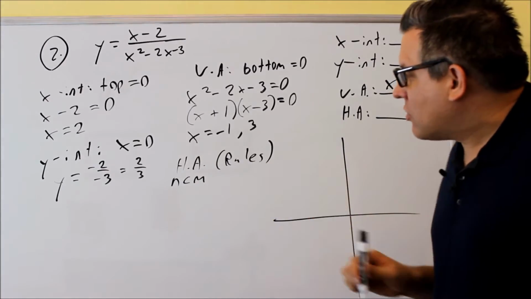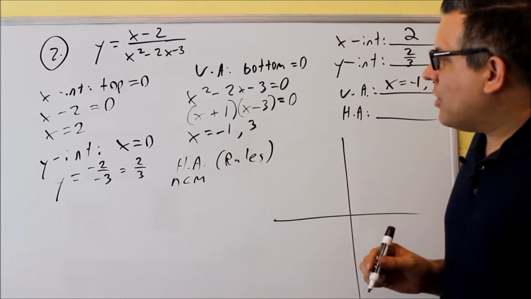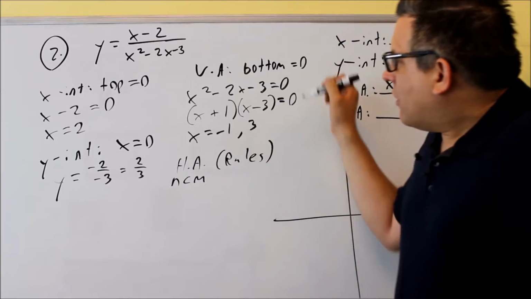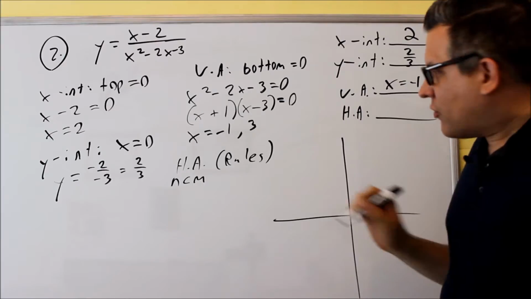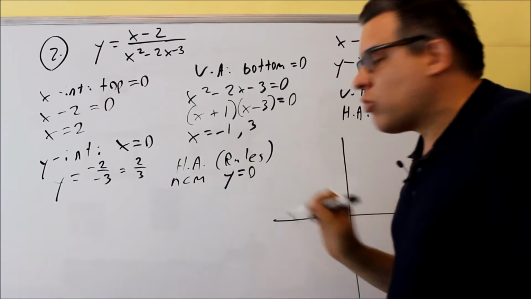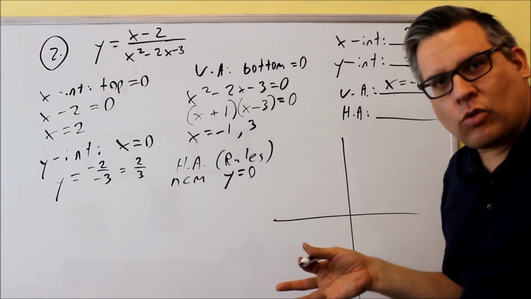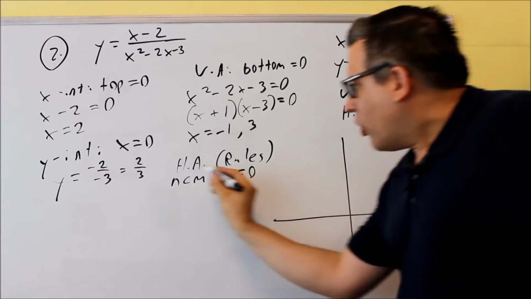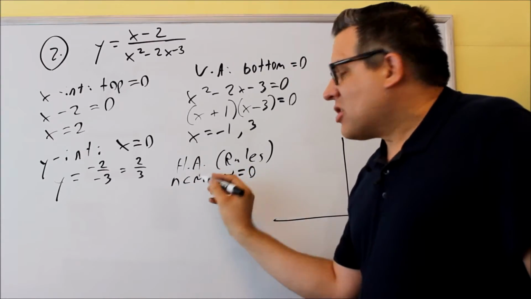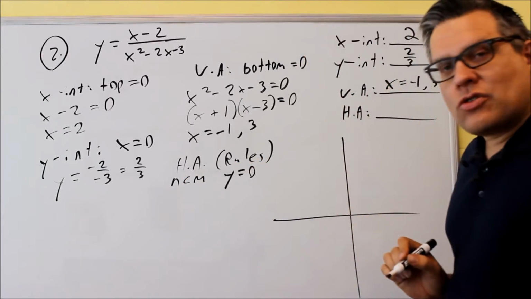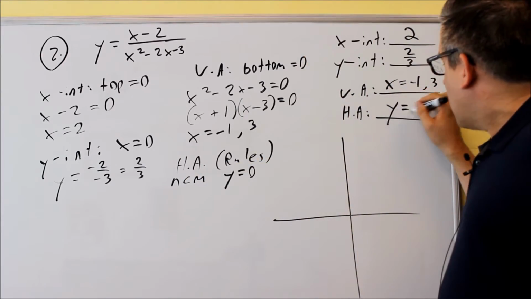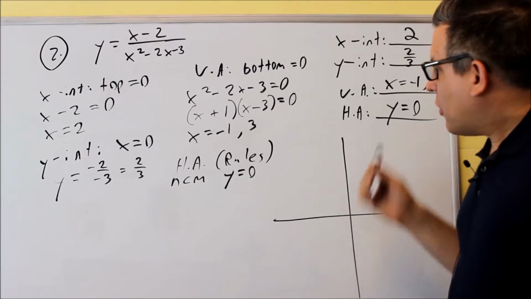When I have that situation, there's exactly one horizontal asymptote, and automatically it's y equals 0. There's not really any work you have to show for this one. Whenever the highest power on top is less than the highest power on the bottom, your horizontal asymptote is automatically y equals 0. So again, make sure you put the y equals there as part of your answer.